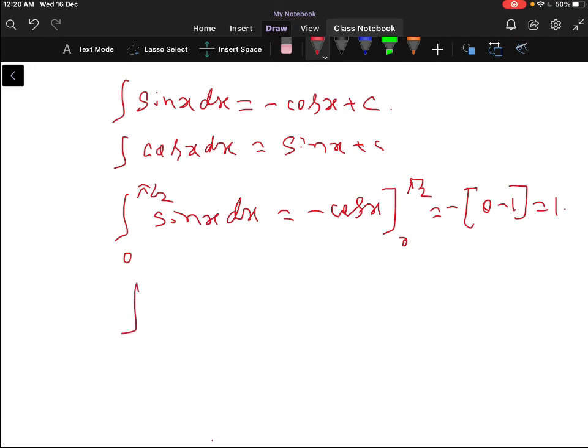So let us consider another example. Integration from 0 to infinity sin x by x dx. Sin x by x is not defined when x is equal to 0.